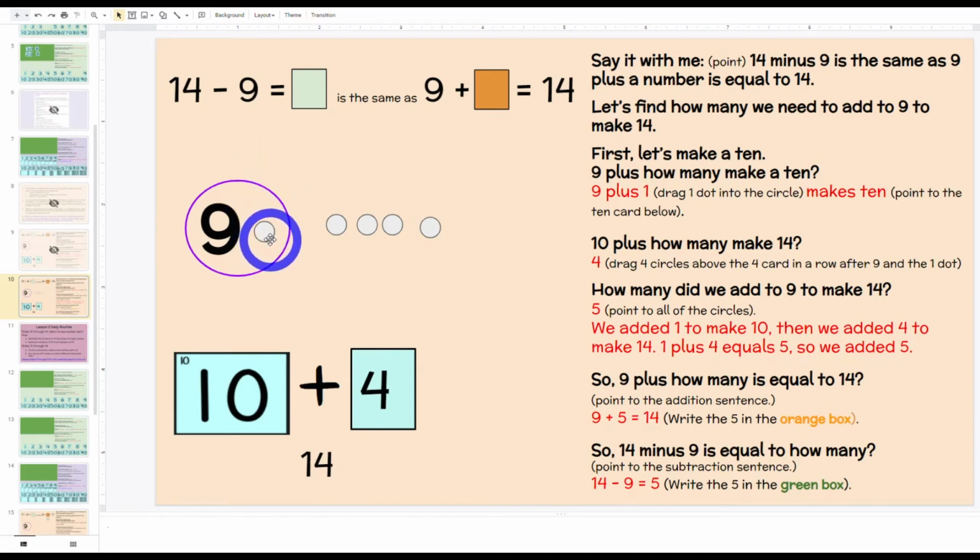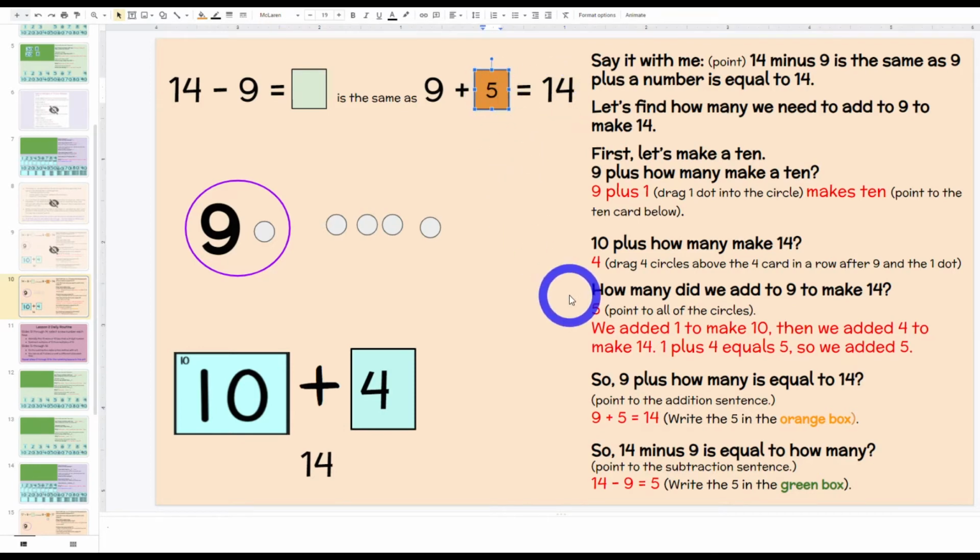We added 1 to make a 10, then we added 4 more to make 14. 1 plus 4 equals 5. So we added 5. So 9 plus how many is equal to 14? Class, 5. So 14 minus 9 equals, class, 5.